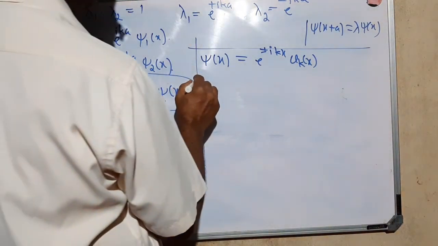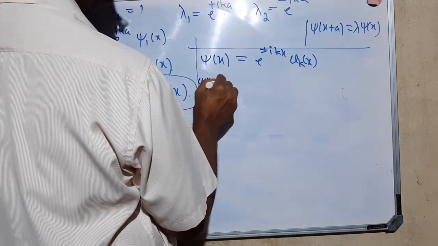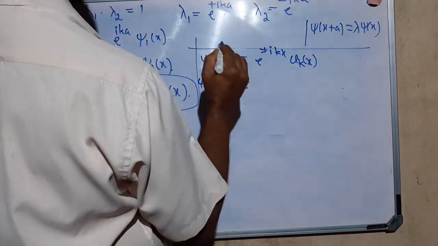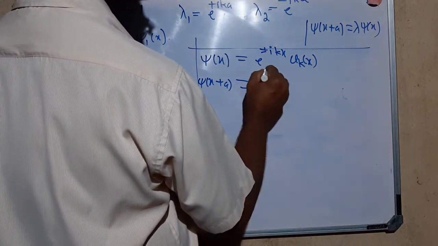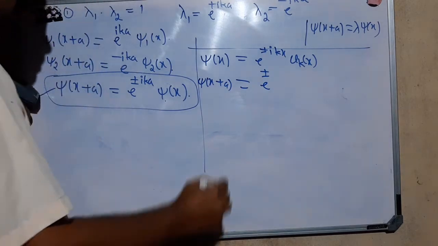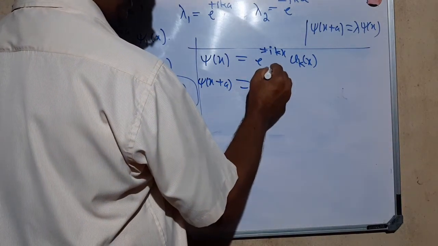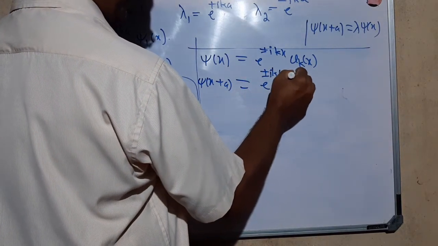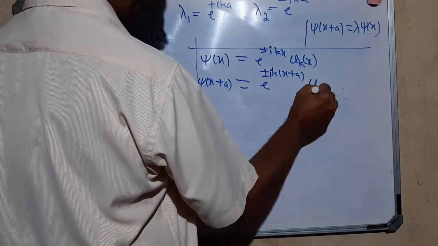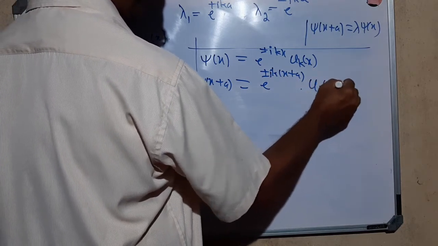So now consider ξ of x plus a is equal to e to the power plus or minus ik into (x plus a) into uk of (x plus a).